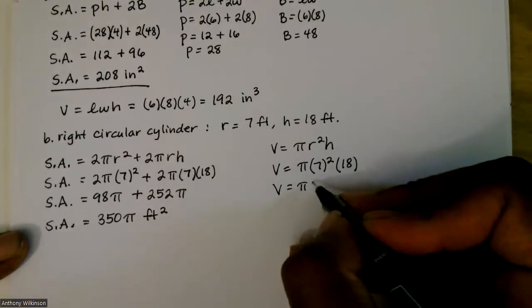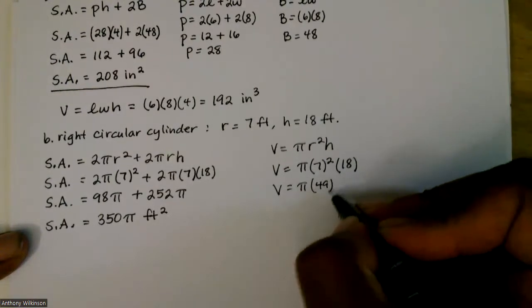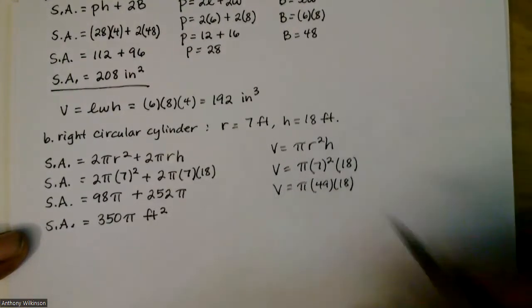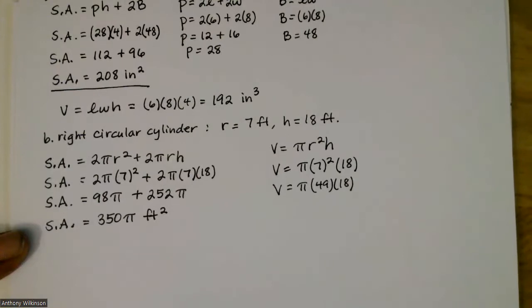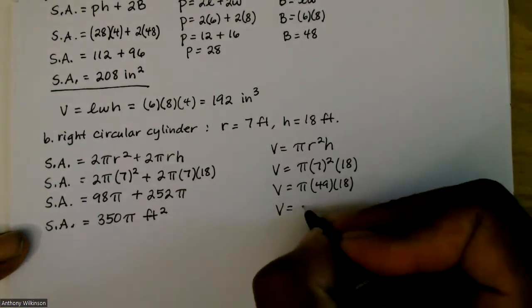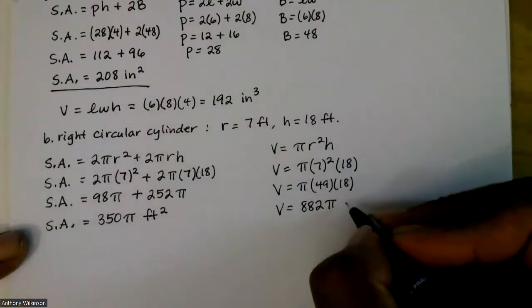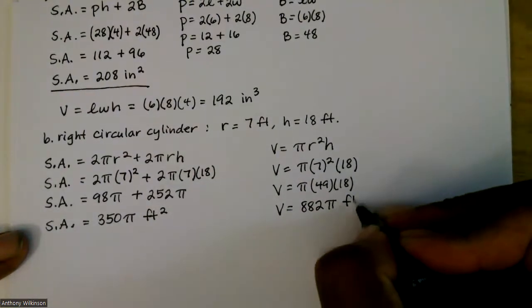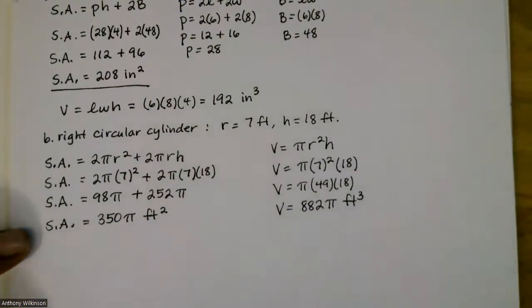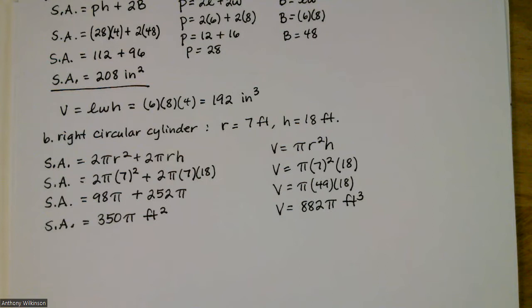So here we get V is equal to pi times 7 squared is 49. And if I multiply 49 times 18, that will give me 882 pi. 882 pi, and the volume is going to be, in this case, cubic feet. So it'll be 882 pi cubic feet for the volume of that right circular cylinder.